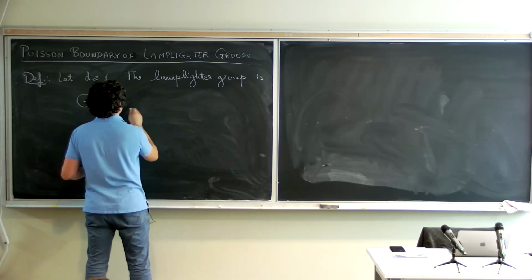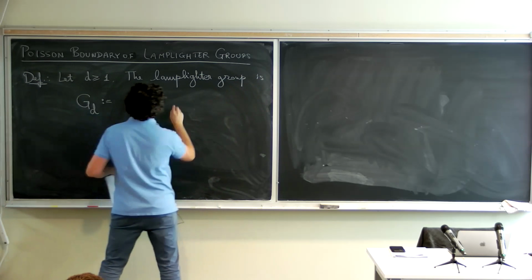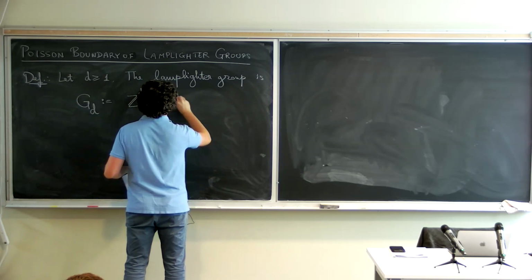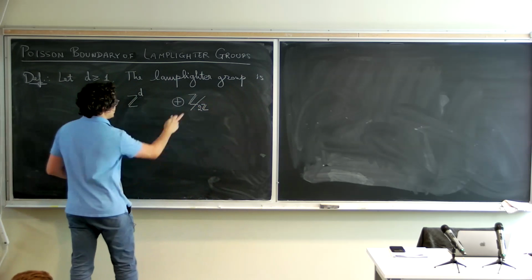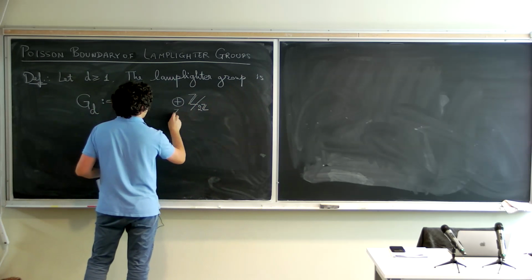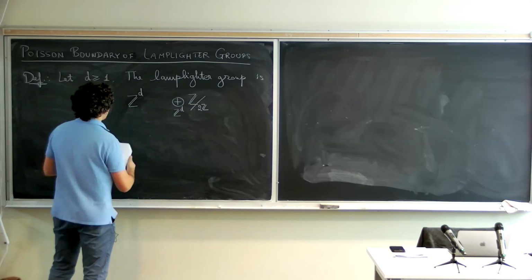So depending on how you write it, let's say you put ZD first, then you put the product of countably many copies of Z2, so they are indexed by ZD.